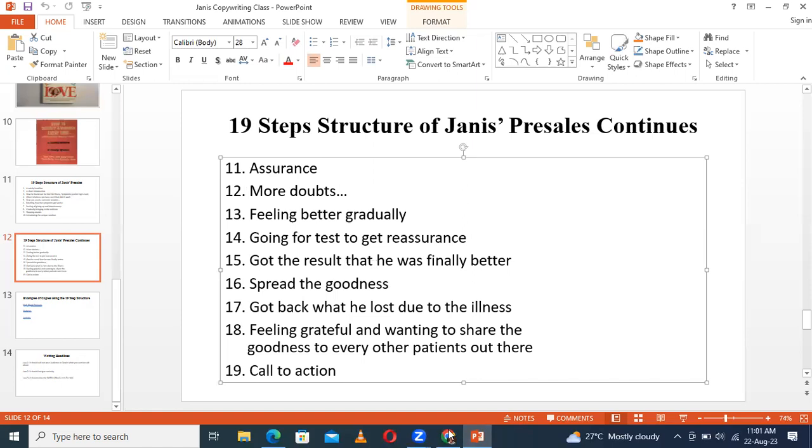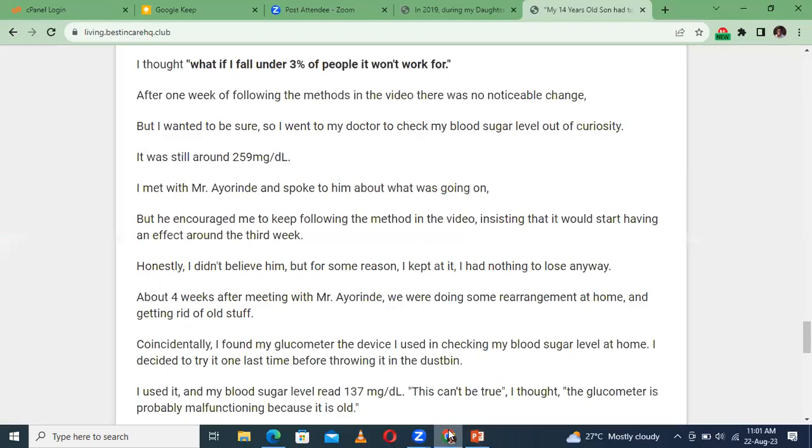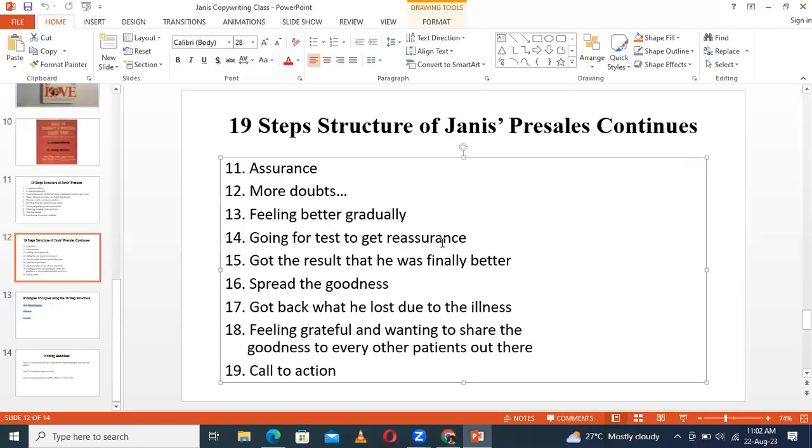We're in between 12 and 13. Oh, sorry, I missed this step. I wanted to be sure, so I went to the doctor to check my blood sugar level out of curiosity. So the thing is, I wouldn't say this is number 14 because this one still went to the hospital for more reassurance. So we are between 12 and 13. Let's continue.